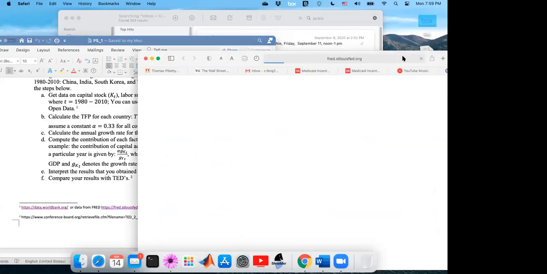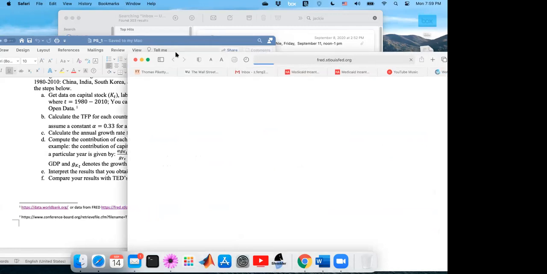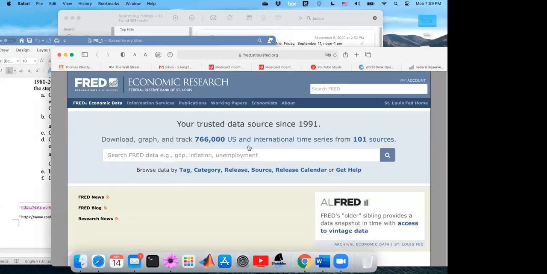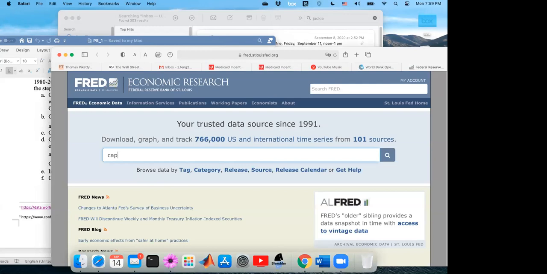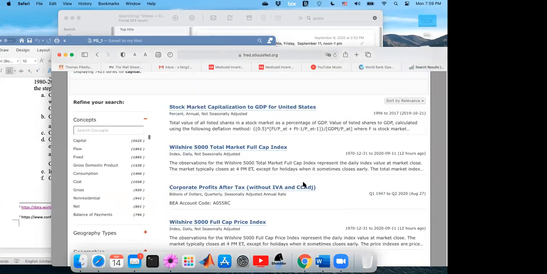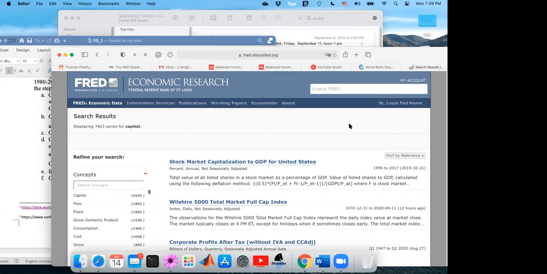Let's just go to here. This is the Federal Reserve Bank of St. Louis. Let's see whether they have capital. Let's search capital stock.